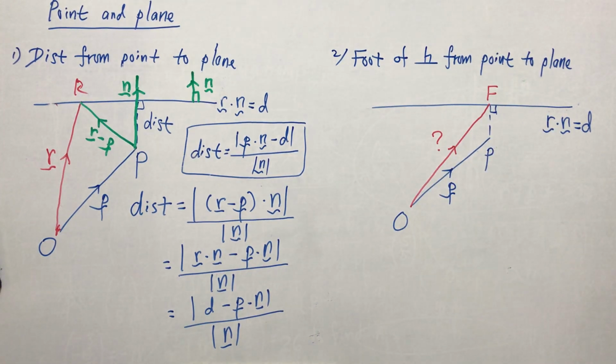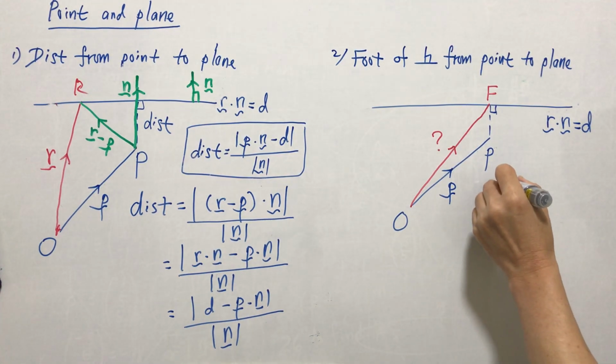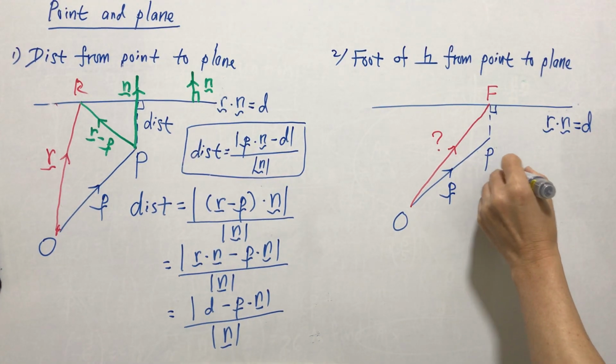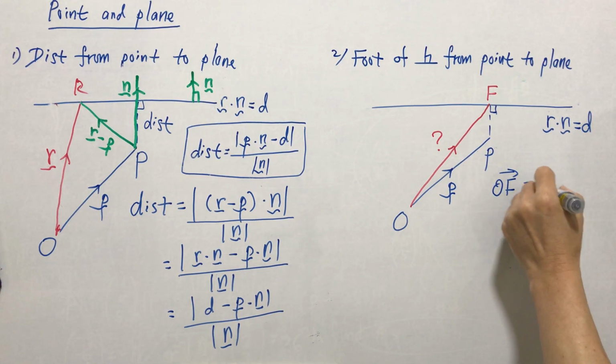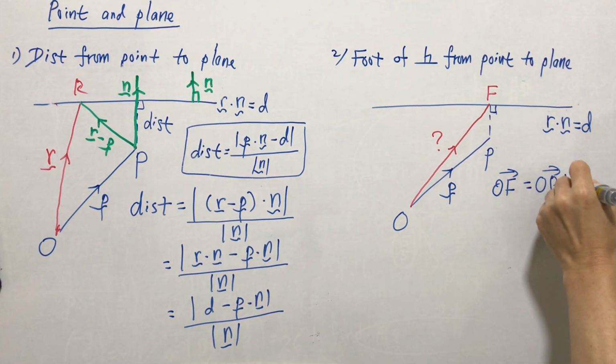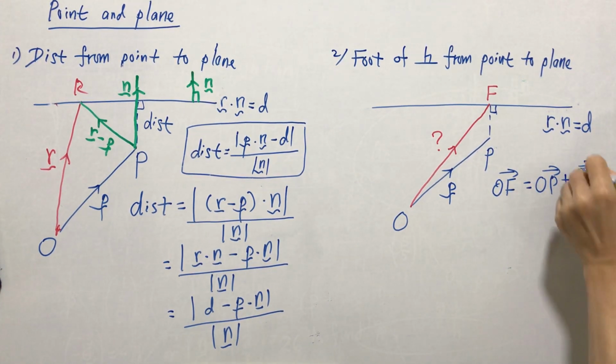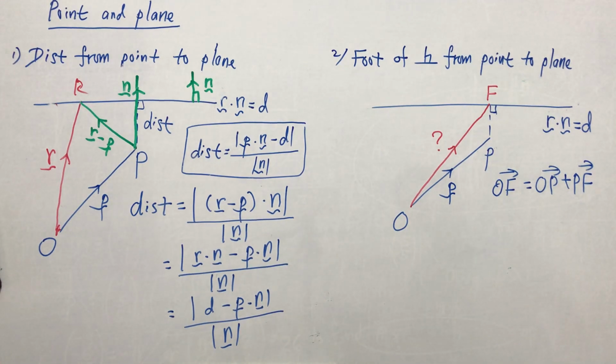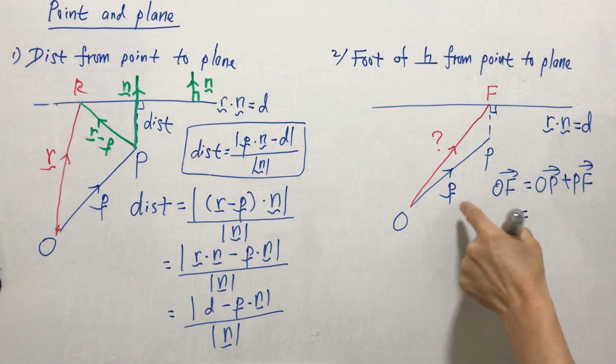And how do we go about finding OF? You want to start off by writing down OF equals OP plus PF. This is from simple vectors, the sum of two vectors. OP is p.